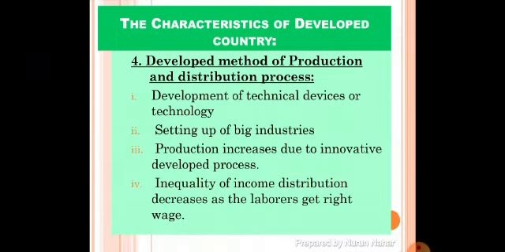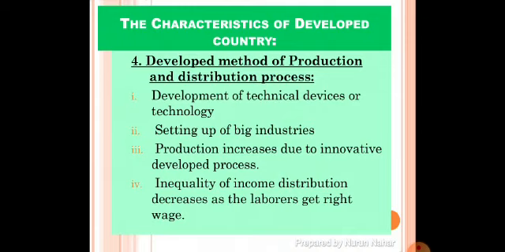The fourth characteristic of a developed country is a developed method of production and distribution process. Development of technical devices or technology is ensured in a developed method of production. These kinds of countries are setting up big industries. In these countries, production increases due to innovative developed processes.